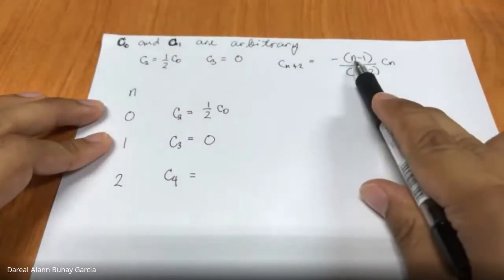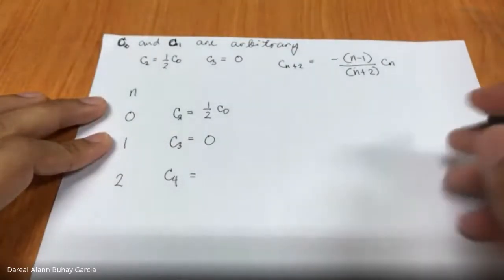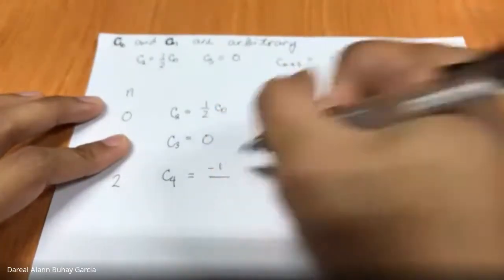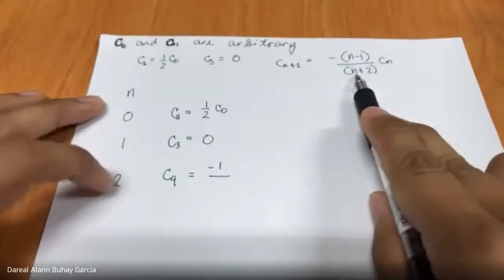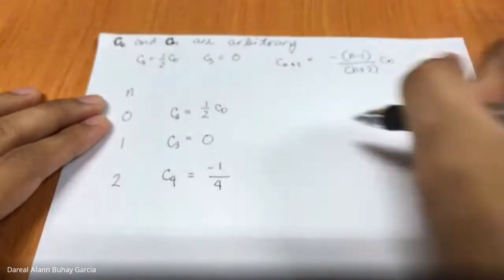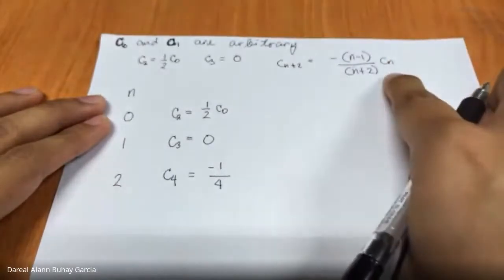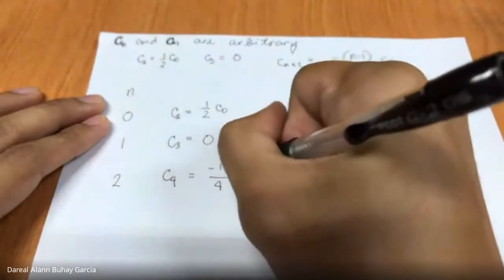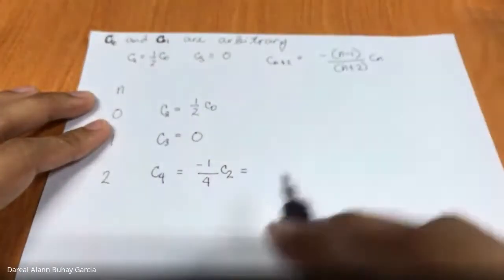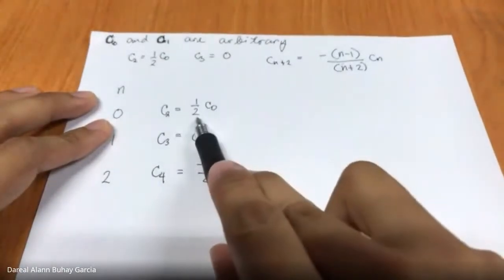2 minus 1 is 1. So, negative 1 over 2 plus 2 is 4, C sub 2. But we know C sub 2 to be 1 half C sub 0.